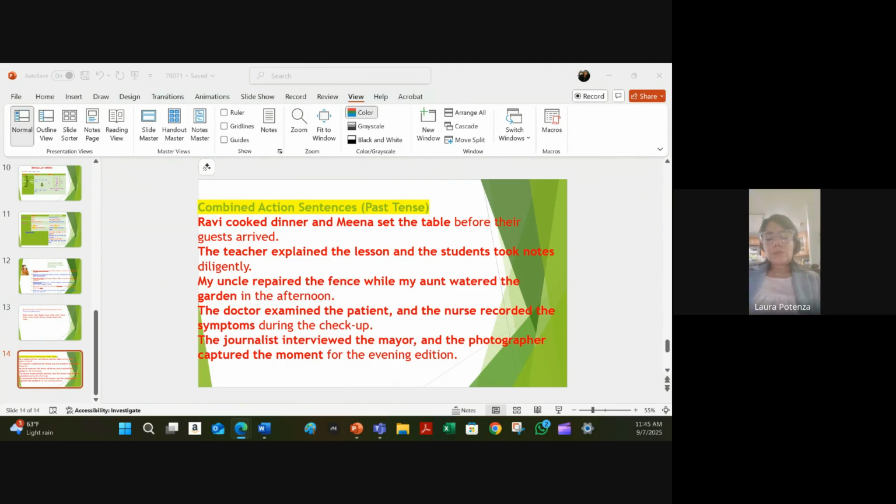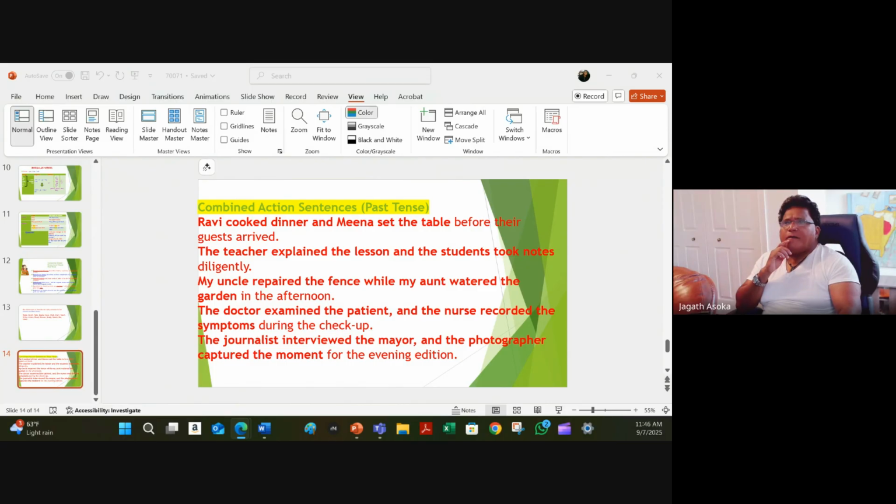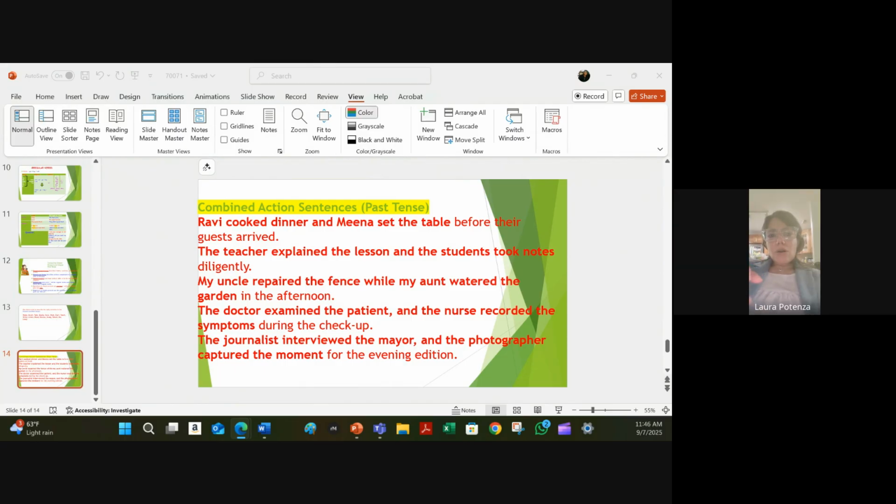So, I have a question. Yes, go ahead. All right, so these are all combined action sentences. When you look at the first one, Ravi cooked dinner, that's an action, and then you have Meena setting the table.